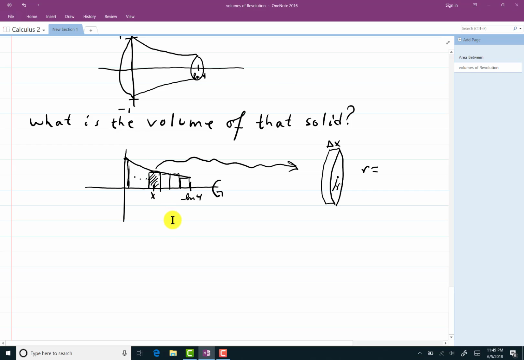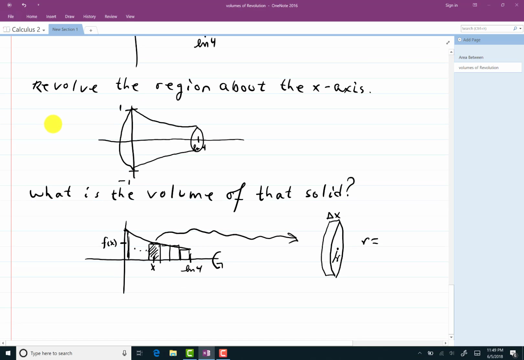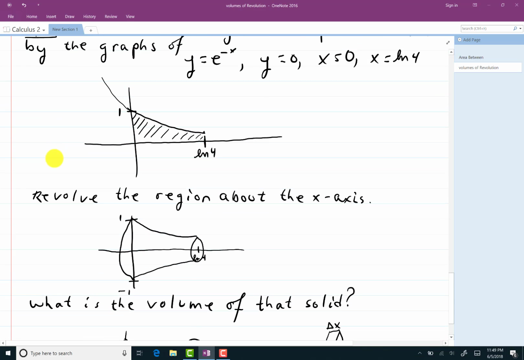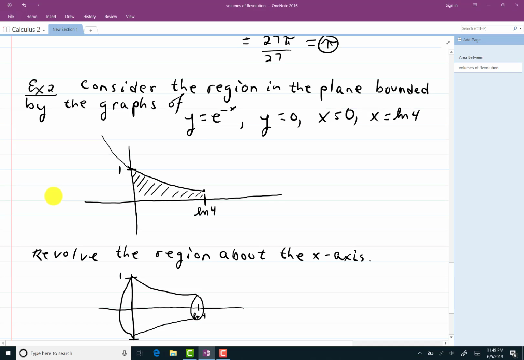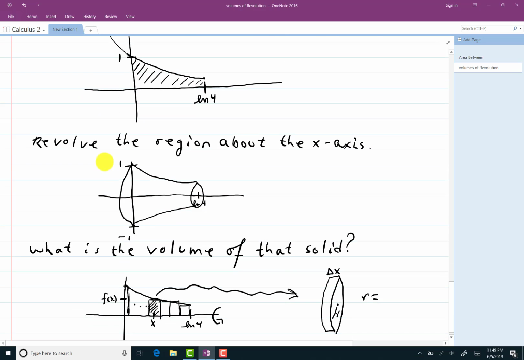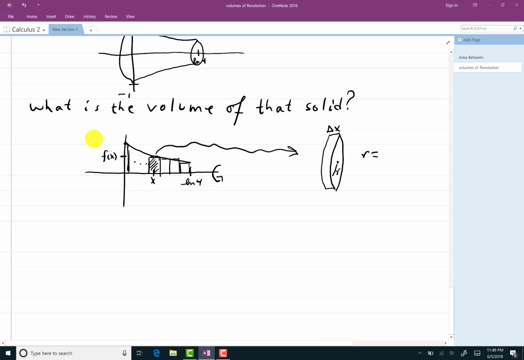Well, for that rectangle right there, that will be f of x. Well, what is f of x? F of x is, in this case, the height curve is y equals e to the negative x. So we get e to the negative x.